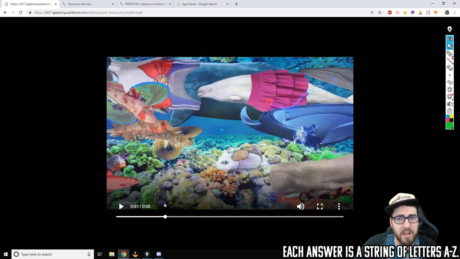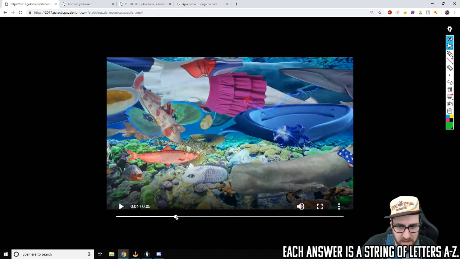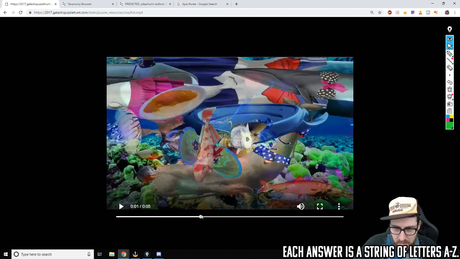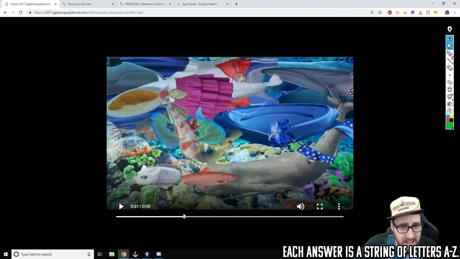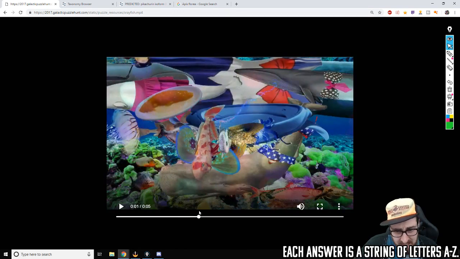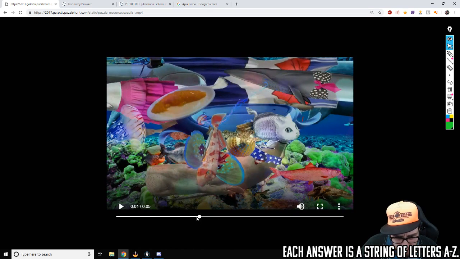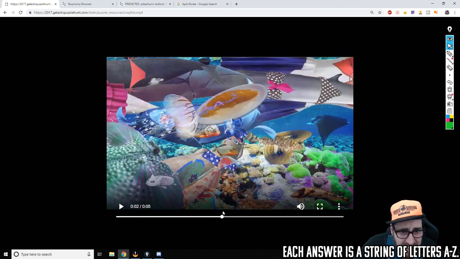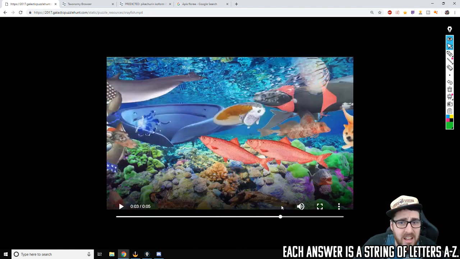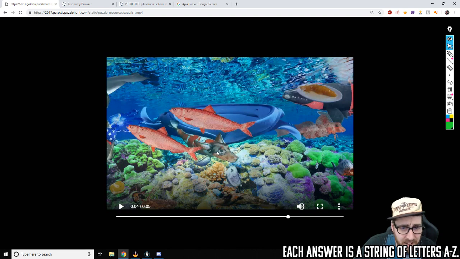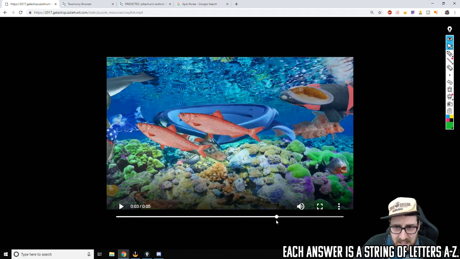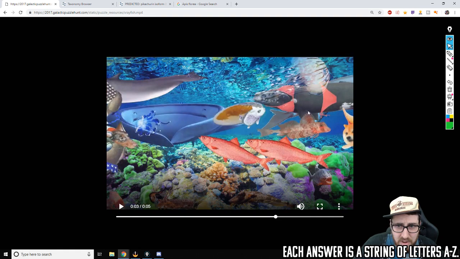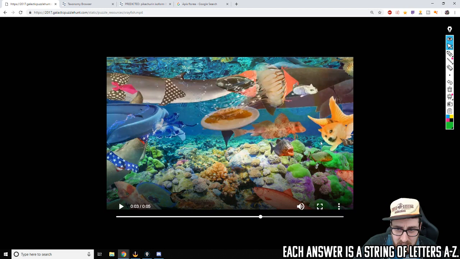Sailor Moon outfit on the whale, catfish here, or some kind of catfish, sperm whale in a bikini. There's a guitar and a crawdad, a crawfish down there. There's a dog face on whatever that is. Another bikini on a whale. A doge.